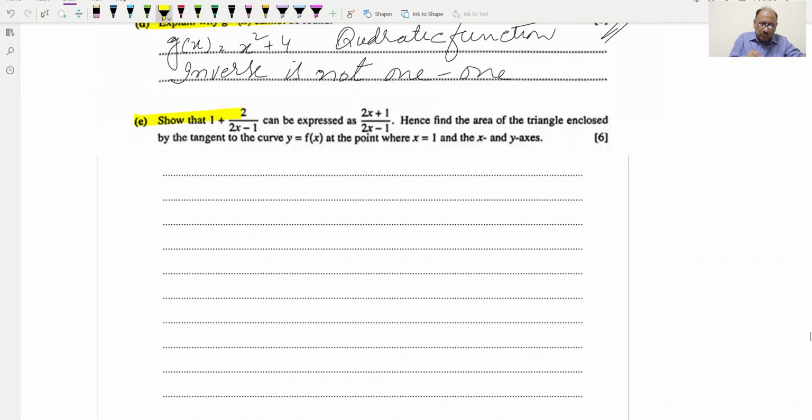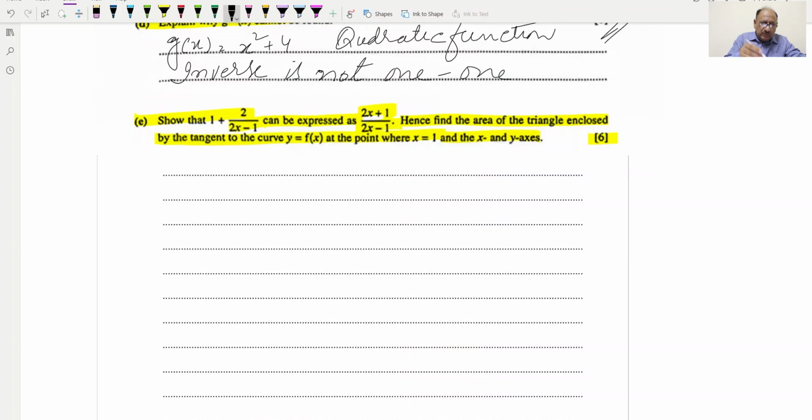E part says show that this one can be expressed in this format. Hence find the area of the triangle enclosed by the tangent to the curve y is equal to f of x at the point where x is equal to 1, and the x-axis and y-axis, basically a 6 marks question.